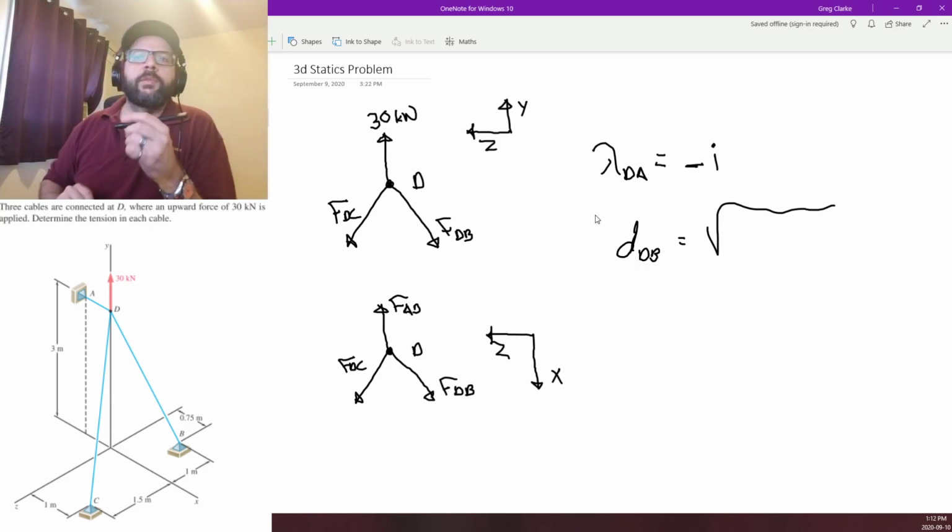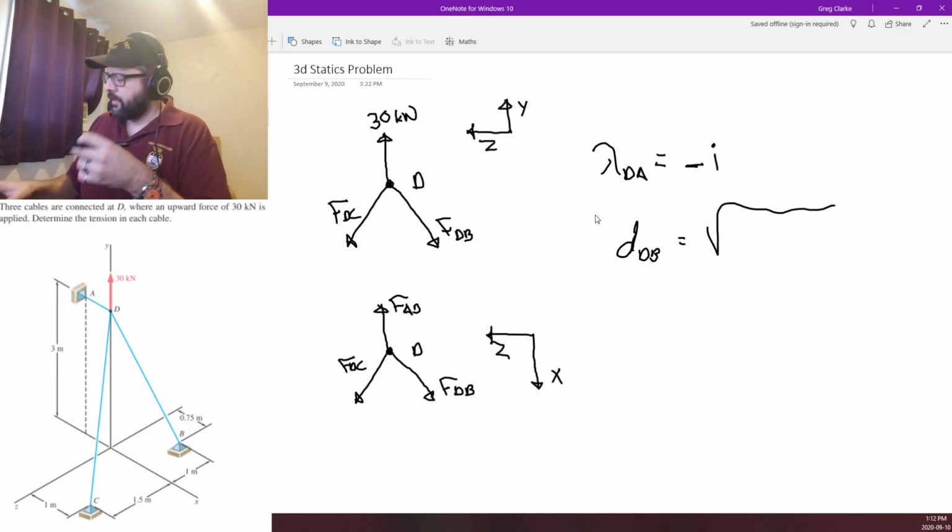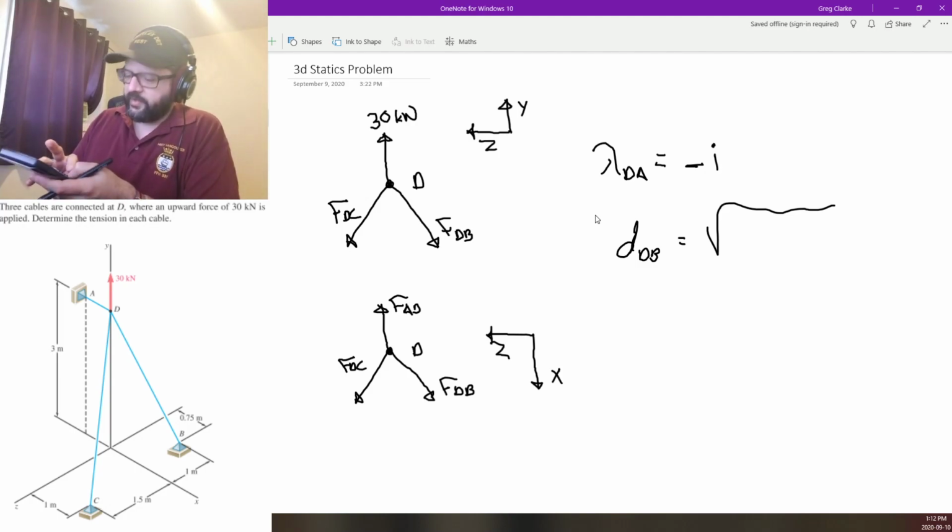That's just going to be the square root of the total offsets from D to B. Based upon the dimensions given, that'll be the square root of 1 squared plus 0.75 squared plus 3 squared.